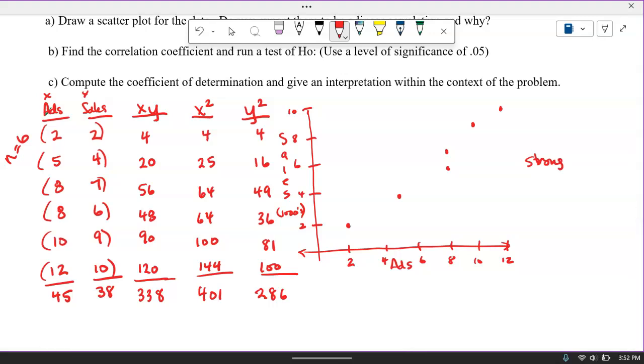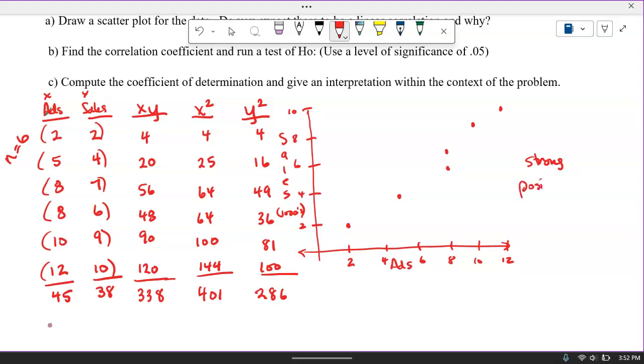It doesn't matter if they're going upward or downward. Remember, positive 1 and negative 1 are both perfect or very, very strong relationships. And even though we don't expect ours to be perfect, very strong would be closer to 1 or closer to negative 1. This does indicate, based on what we talked about in class, a strong relationship.